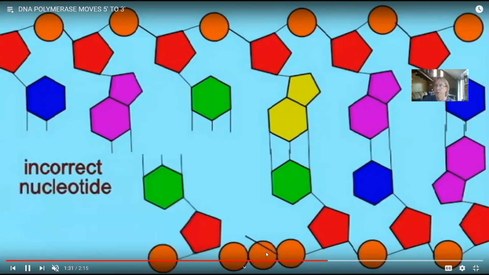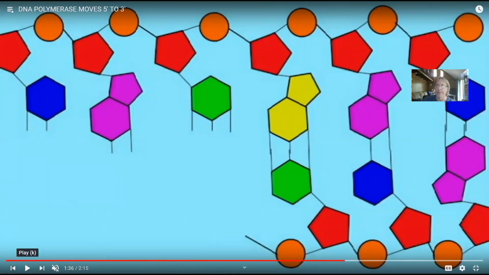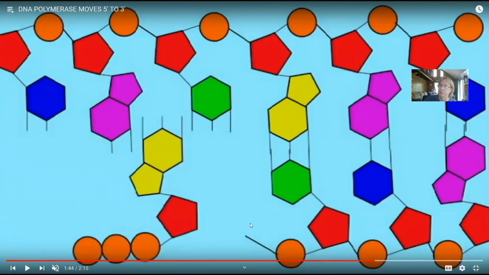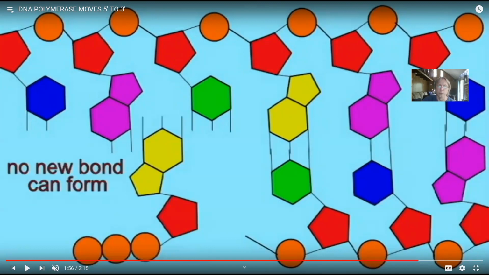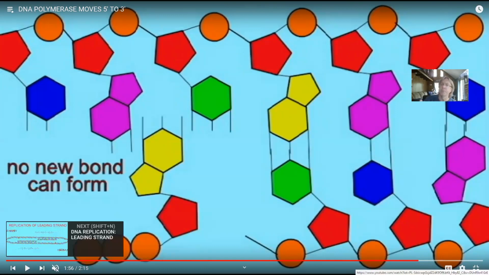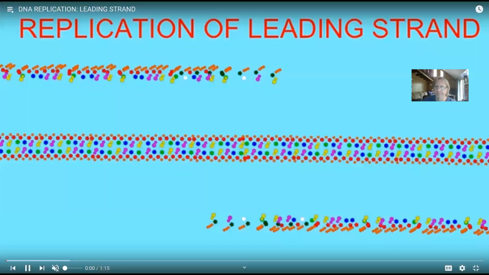If we then remove those 2 phosphates, if we made a mistake, if that was the wrong nucleotide and now you wanted to add the right one, the problem would be there is no longer any high energy bond here. So you would not be able to fix mistakes. Once you made a mistake, you would not be able to correct it. No new bond could form. And so DNA polymerase can only add new nucleotides in the 5' to 3' direction.